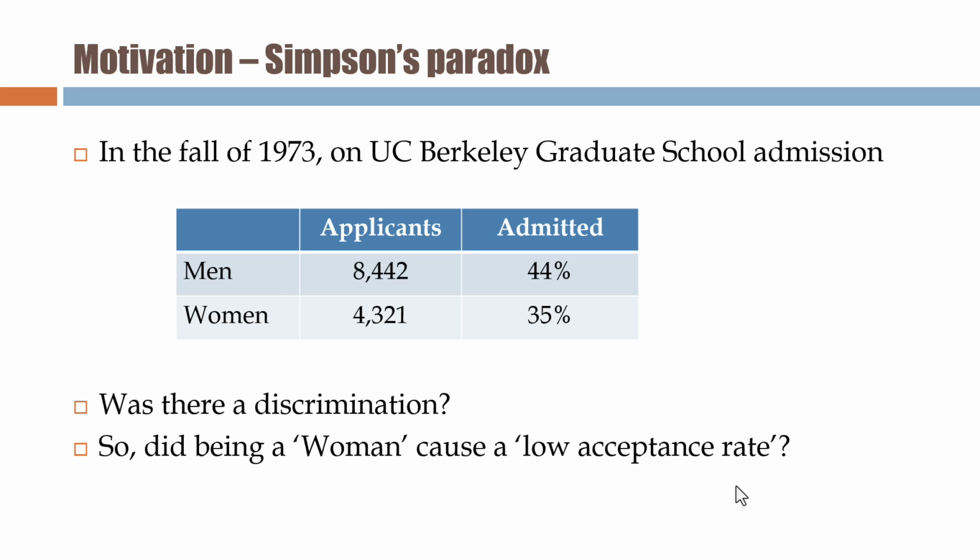So now the question is: does being a woman cause a low acceptance rate? The difference is statistically significant. It seems like it, but can we say that women actually caused the low acceptance rate, which means there was a discrimination?